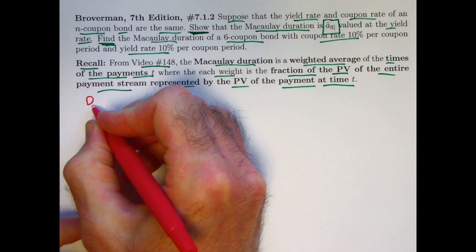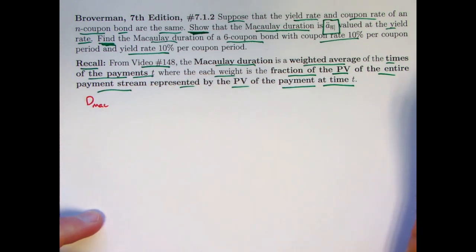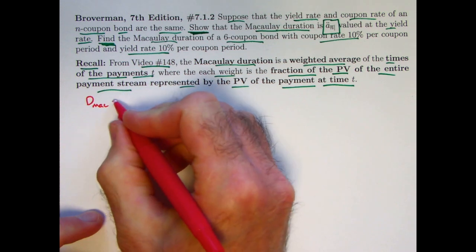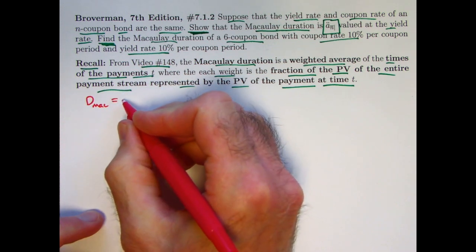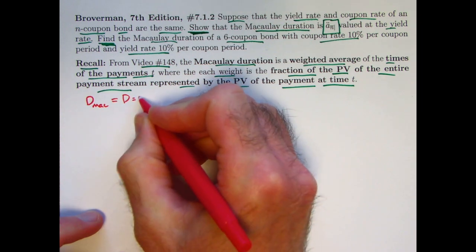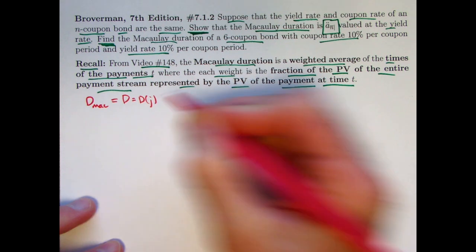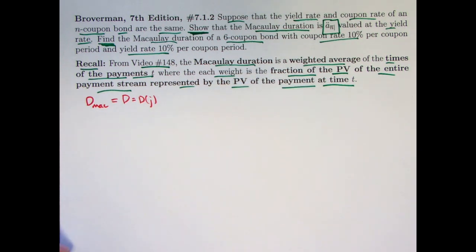So we could call the duration d sub mac for Macaulay. There is another kind of duration called a modified duration. But when I just say duration, we will mean Macaulay duration and sometimes denote it just by d. We could also emphasize that it depends on the yield rate, which you could call i, but I will call j to be consistent with Broverman's notation for the yield rate of bonds.